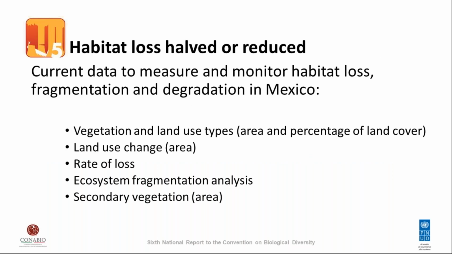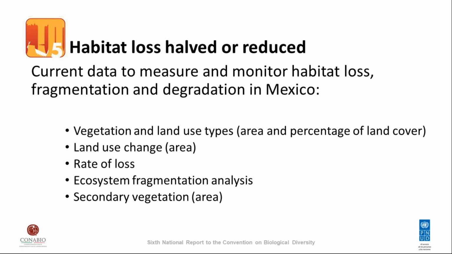The first step to get information to report the status of the habitat loss at national level was to get together all the official data and statistics.